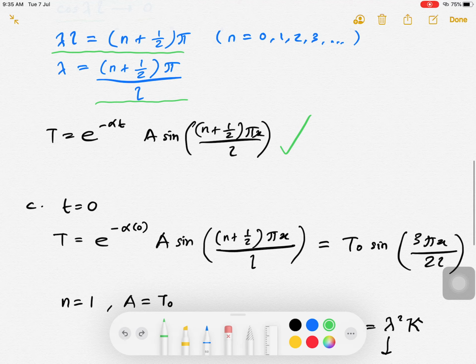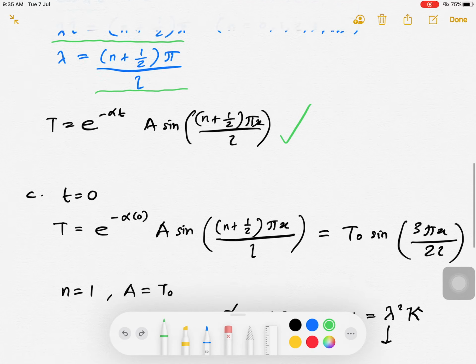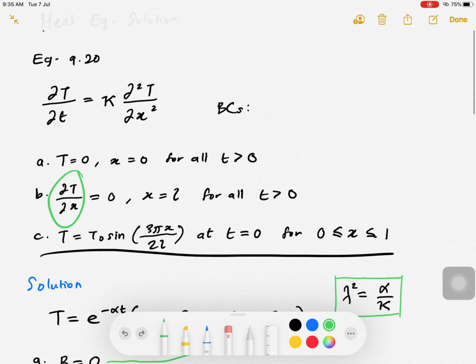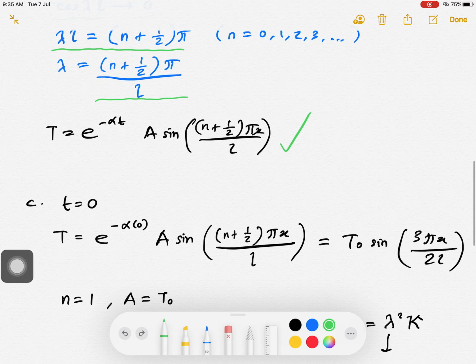Now we want to consider the third boundary condition, where if we go back, when time is 0 at the initial condition, and the range of x is 0 to 1, we have this equation. Okay, that is the behavior of temperature.